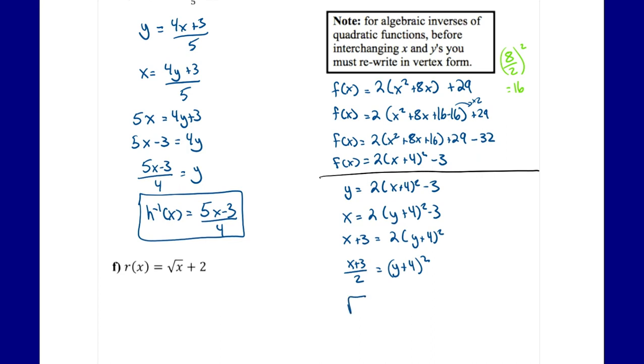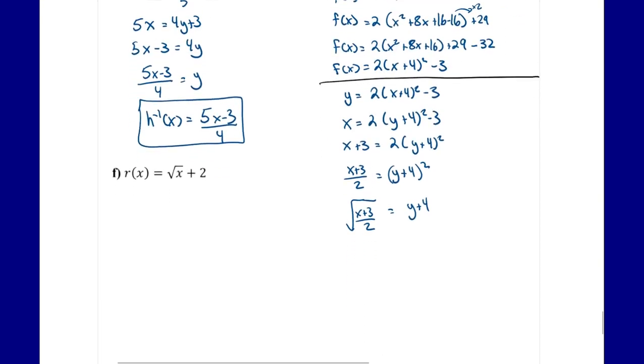So the square root of (x plus 3) over 2 equals y plus 4. And then move the 4 over. So we have the square root of (x plus 3) over 2, minus 4 equals y.